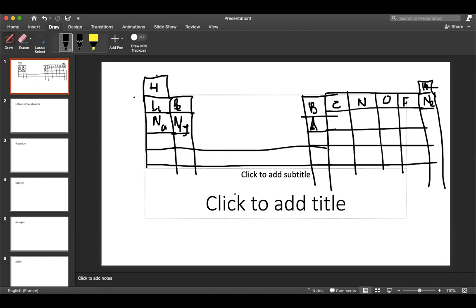After aluminium, you have silicon. What after silicon? Phosphorus, sulfur. After sulfur, you have what? Chlorine. After chlorine, you have argon.